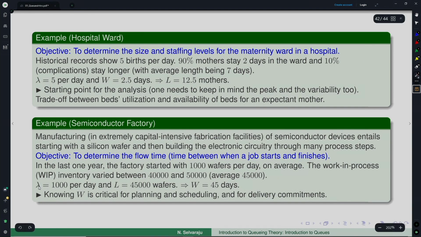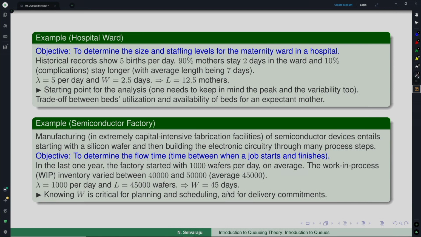So, lambda is 1000 per day, the arrival; L, which is the number of wafers being manufactured, is 45,000; then W is 45 days, which means you start with one wafer and produce one of these semiconductors, it takes about 45 days.